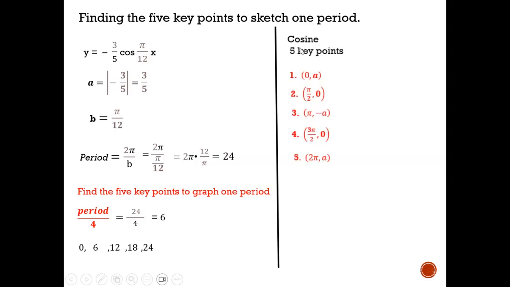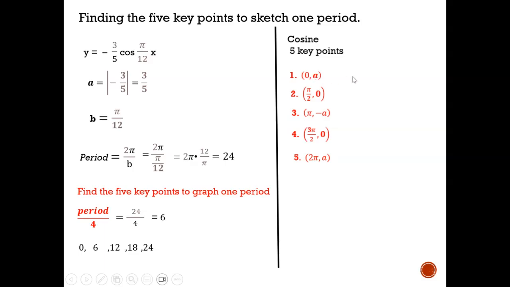Now, for the cosine, these are the 5 key points: amplitude, 0, negative amplitude, 0, amplitude, and so forth. After we get the x values, 0, 6, 12, 18, 24, it's going to be amplitude, 0, negative amplitude, 0, amplitude. But since this is negative at the beginning, these will switch places.